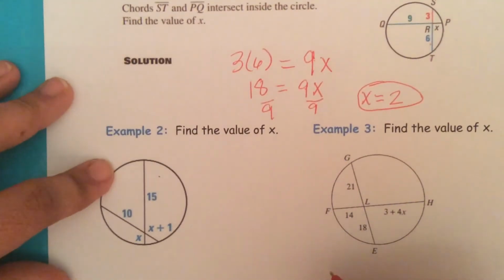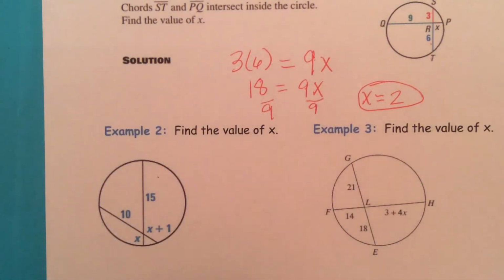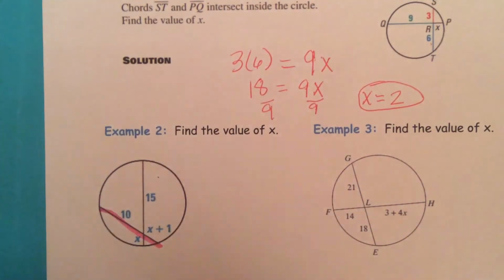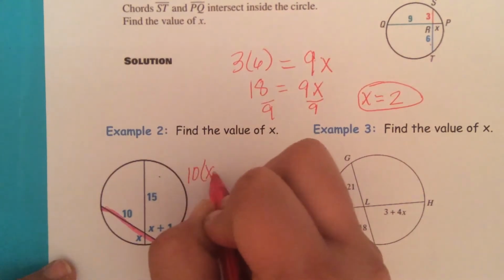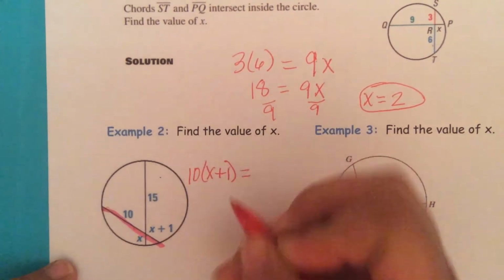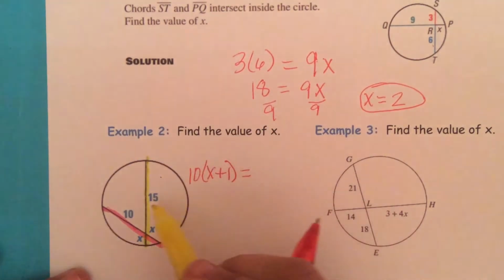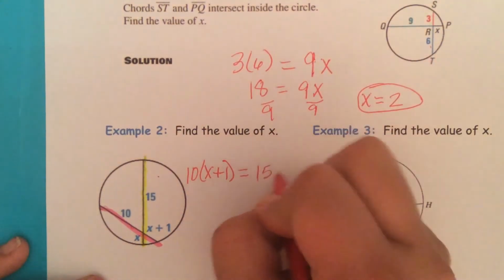Okay, so let's take a look at number 2 here. So here's our chord. We're going to multiply this length times this length, so 10 times x plus 1 is equal to, then here's my other chord. So I have to multiply this 15 with that x, so that's 15x.